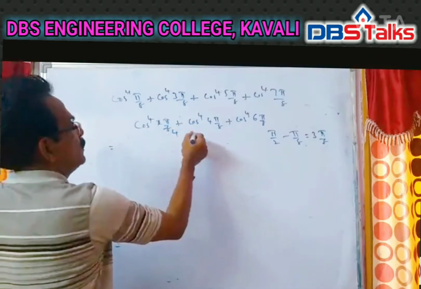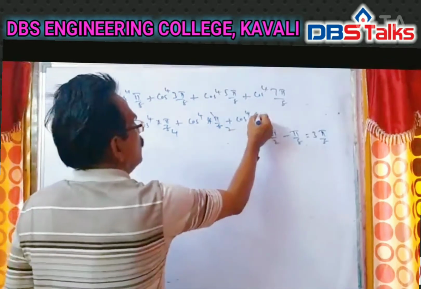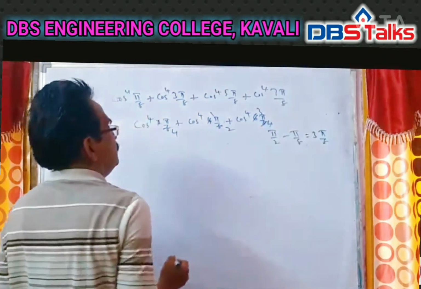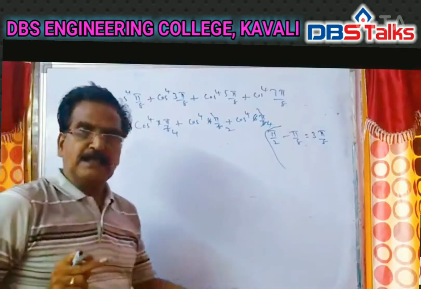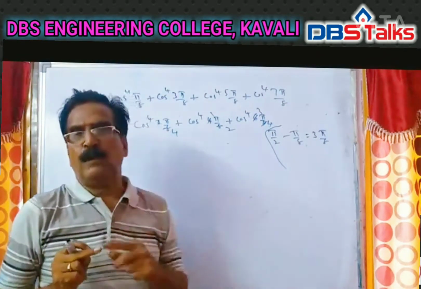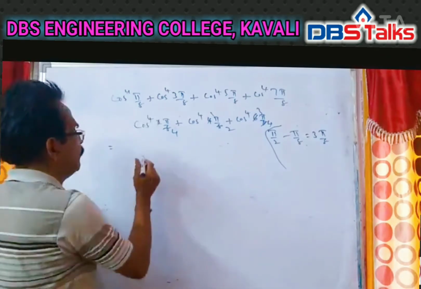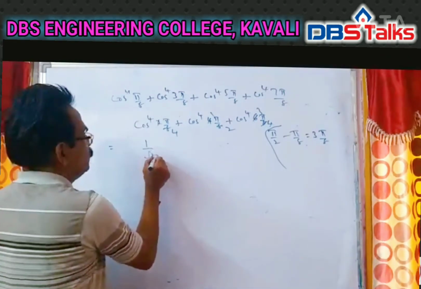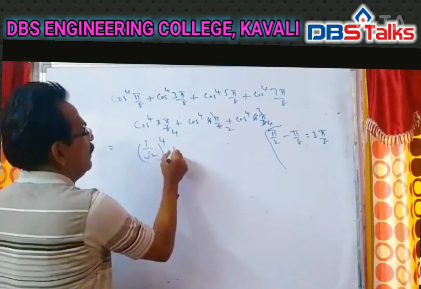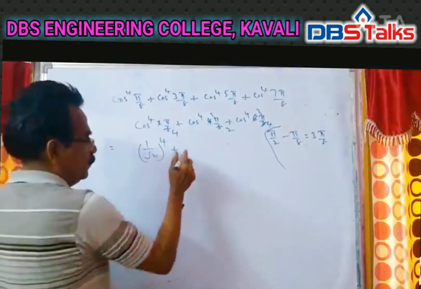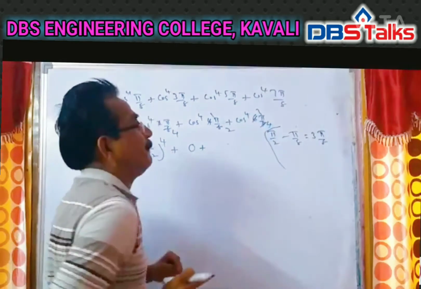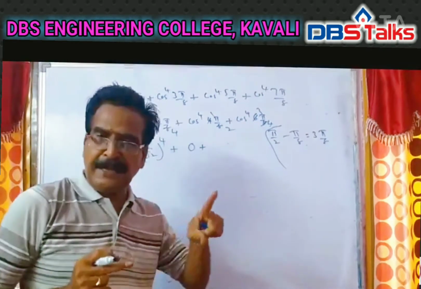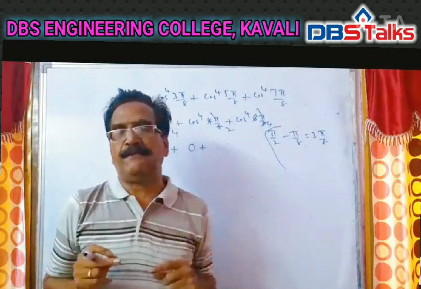Cos pi by 4, cos 45 degrees, is 1 by root 2, so 1 by root 2 whole power 4, plus cos 90 is 0, 0 power 4 is 0, plus cos 3 pi by 4. 3 pi by 4 means pi minus pi by 4.